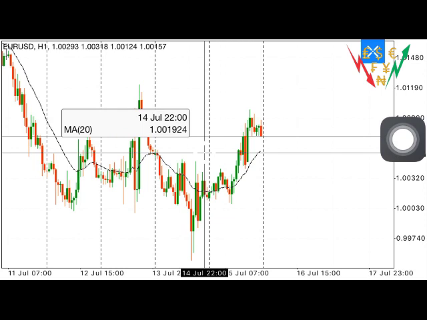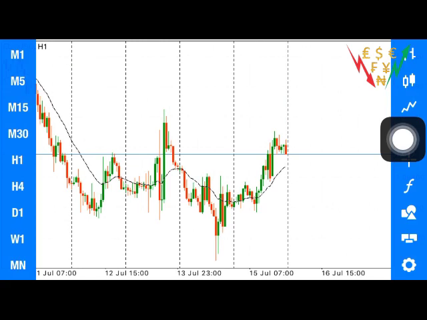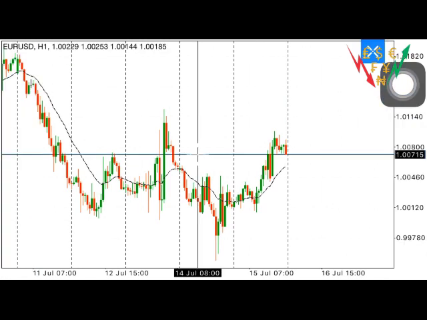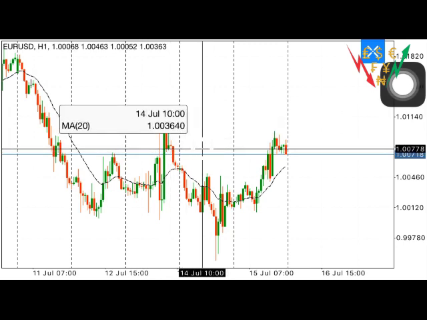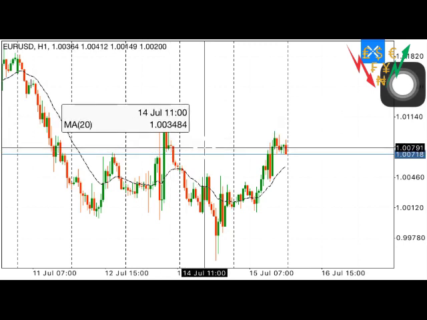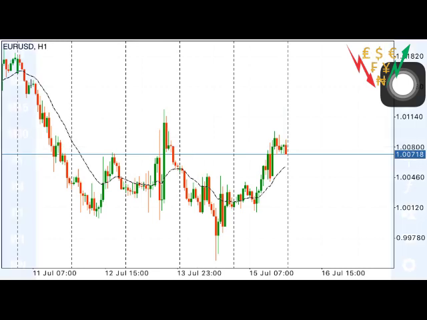From Mondays to Fridays, the market is open for trading, from Sundays to Fridays. But because of the time zone where we are in Nigeria, we expect the market to open on Monday morning.